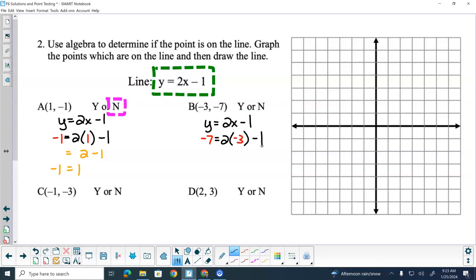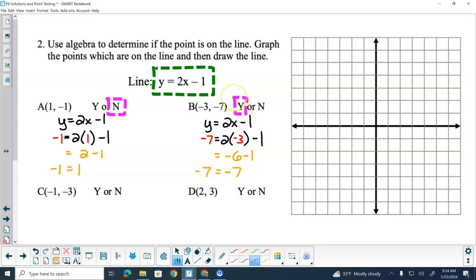Sorry. Okay. 2 times negative 3 is negative 6. Negative 6 minus 1 is negative 7. Yep. And is negative 7 equal to negative 7? Yeah? So is this point on the line or off the line? On the line.